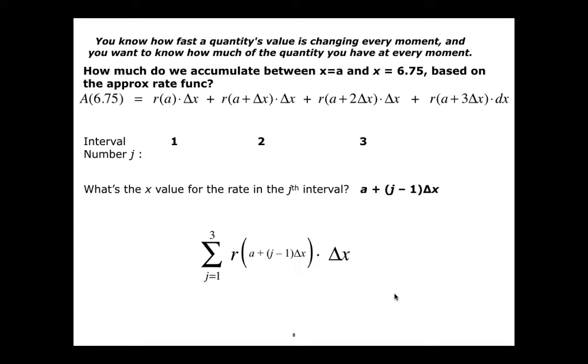So here's the expression for those completed intervals that we're going to have all together. So this is specifically when we had 3 full intervals, so j equals 1 through 3. Here's our rate evaluated at that expression, a plus j minus 1 delta x. So all the stuff inside the parentheses indicates one of those red dot points: a plus delta x, a plus 2 delta x, a plus 3 delta x.